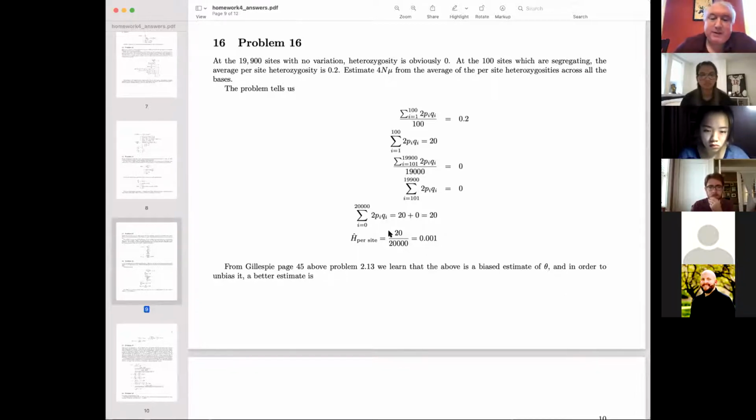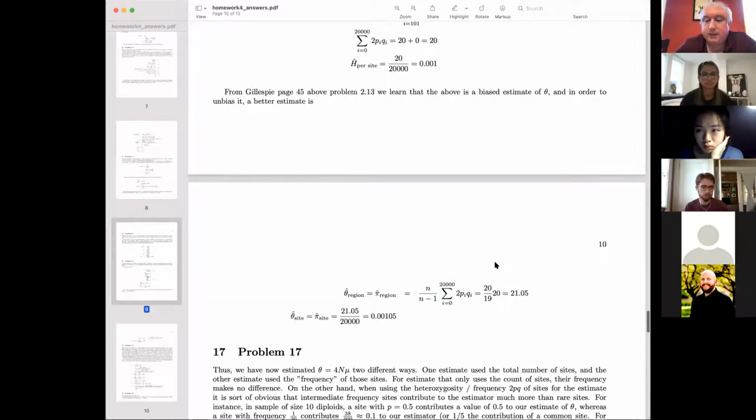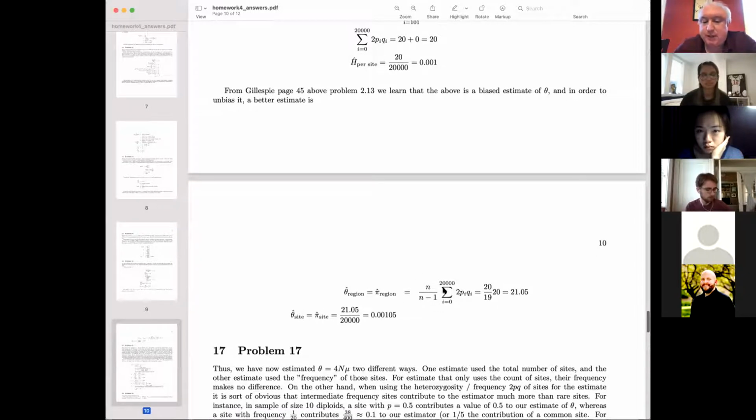It turns out Gillespie tells us on page 45 of my version of the book, which is above problem 2.13, that this estimate of theta based on heterozygosity per site is very slightly biased. And the bias is in terms of your sample.